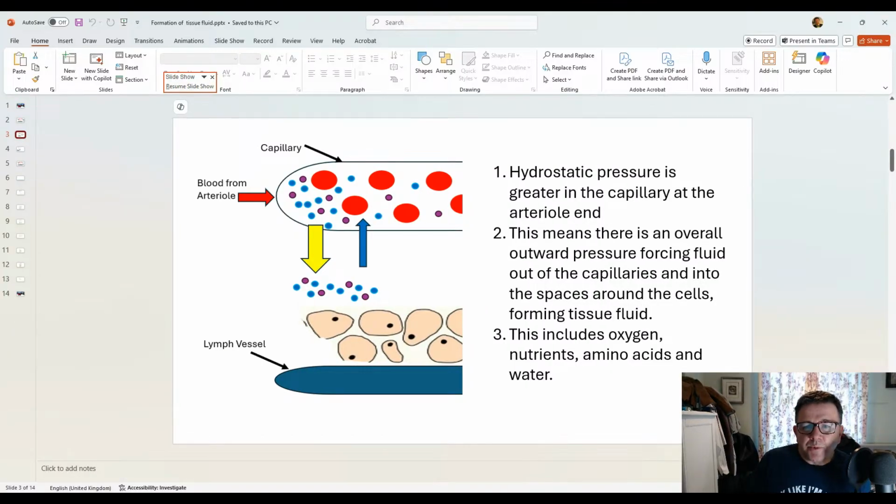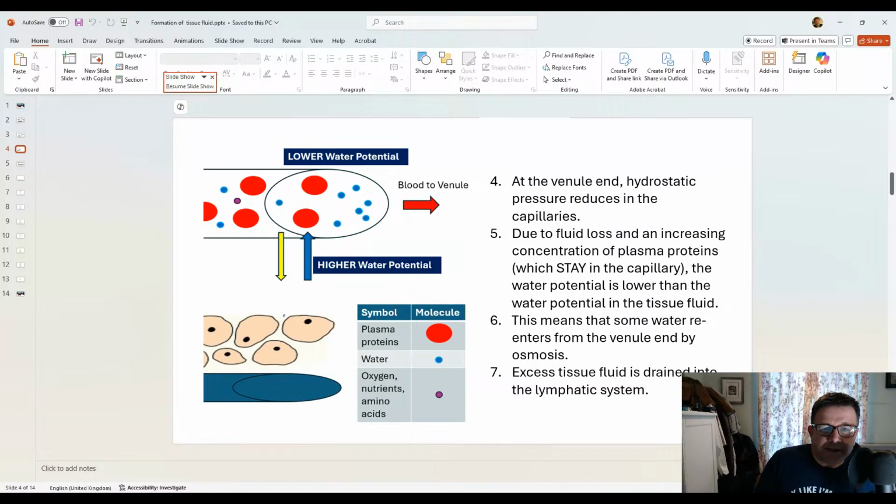Right, so spaces around the cell forming tissue fluid. Now, obviously, the large proteins don't come out, okay? So large proteins are too large. The large, like red blood cells, they can't get through the gaps in the capillary. Okay, and obviously oxygen, nutrients, amino acids, and water get taken out of the arterial end.